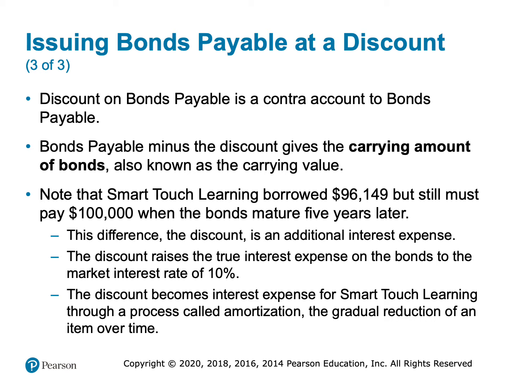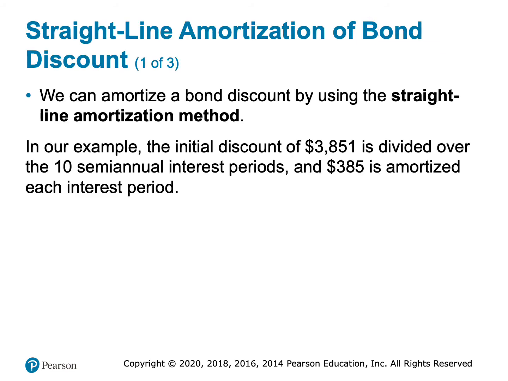There's different methods that you can use. We're going to do what's called straight line amortization. It's the easiest. So remember, we're paying interest every 6 months for 5 years. So in other words, we're paying interest 10 times. So straight line amortization just says I'm going to take the 3,851, the total amount of the debit of the discount here, and I'm going to divide it by 10 time periods.